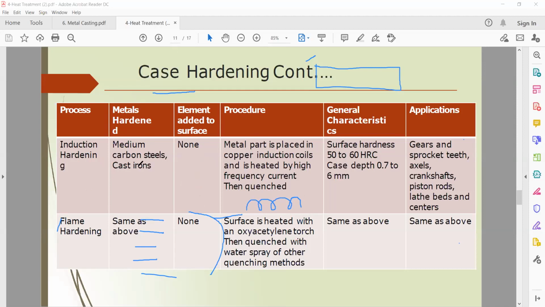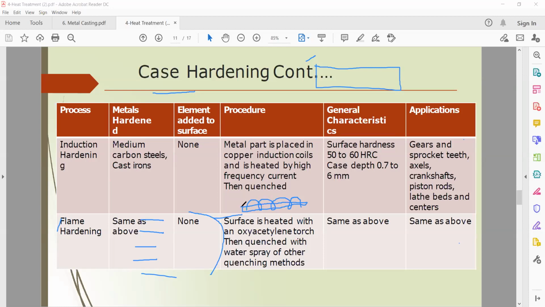Then you have to insert your metal, the particular metal where you have to do this case hardening process, right? So you have to insert this metal in the copper induction coil. Then you have to heat the coil.